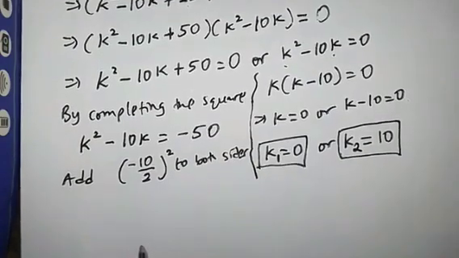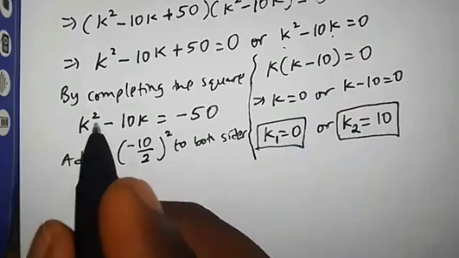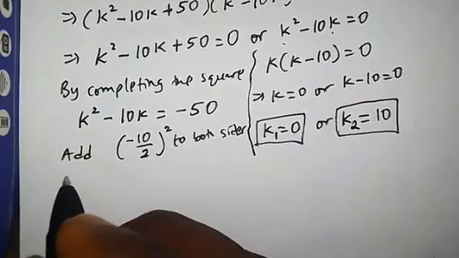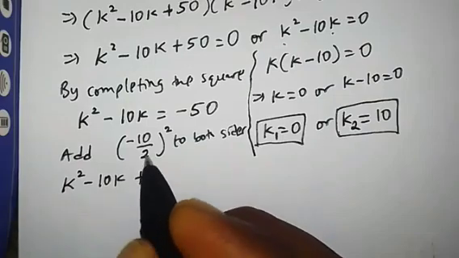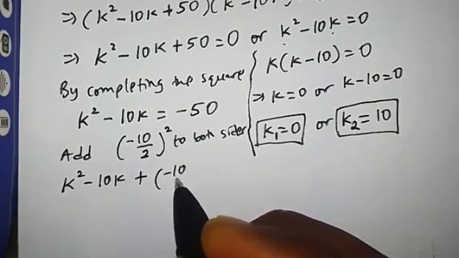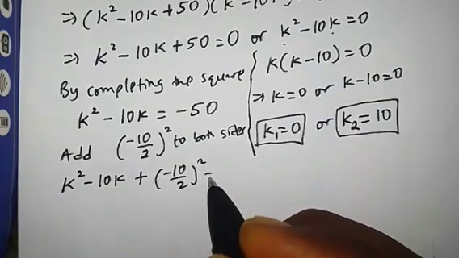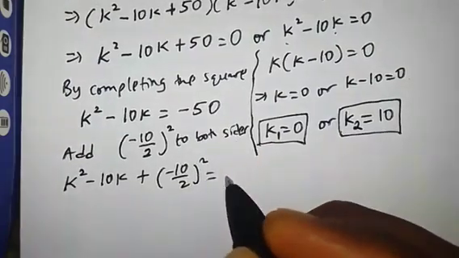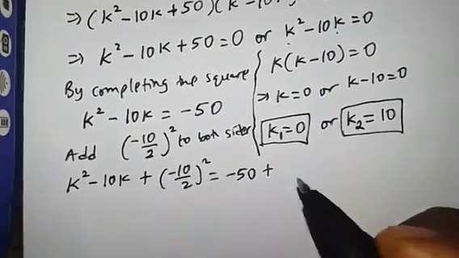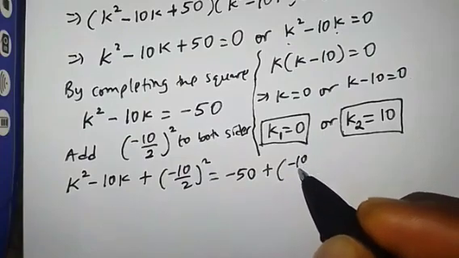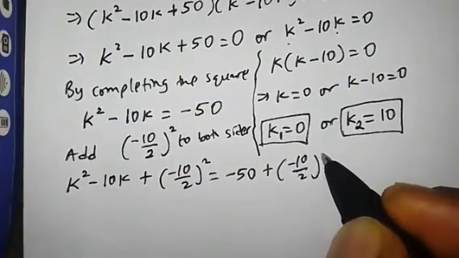That's what we are going to do now. Adding these to both sides, we have k squared minus 10k plus (minus 10 divided by 2) all squared equal to the right hand side, minus 50 plus (minus 10 divided by 2) all squared.